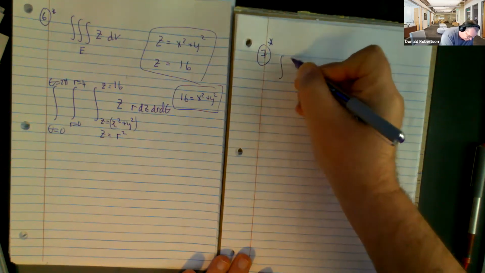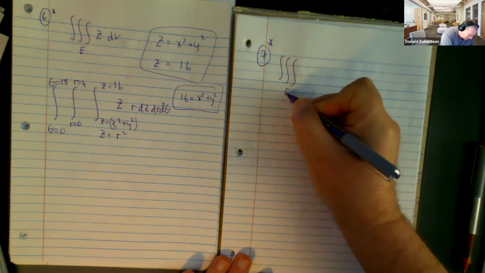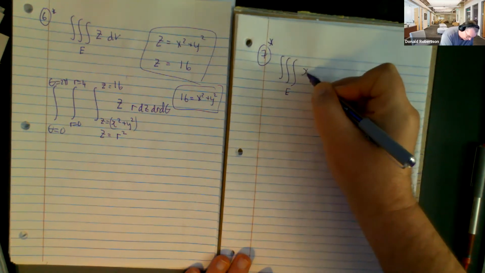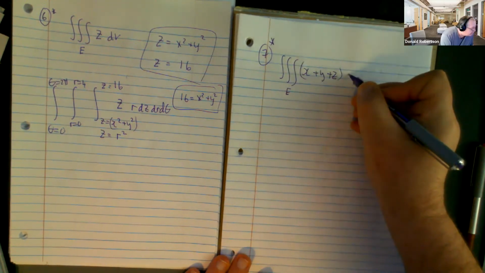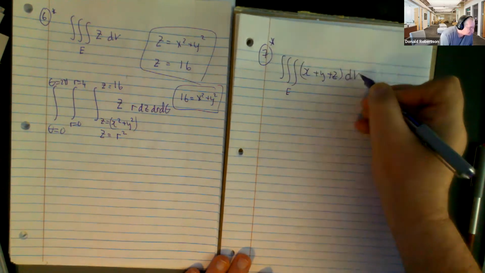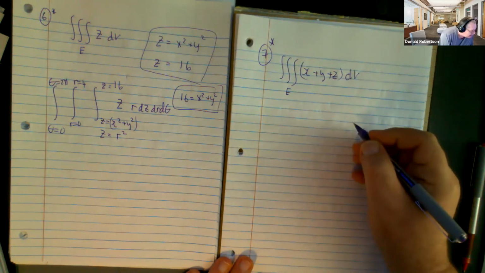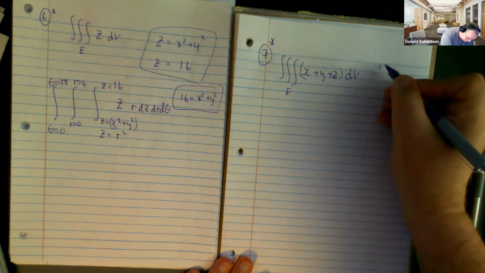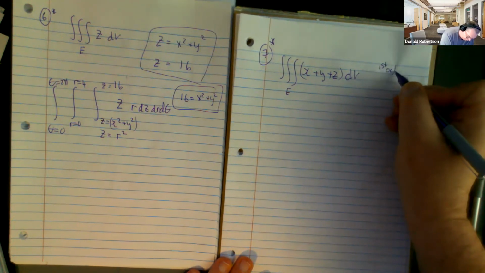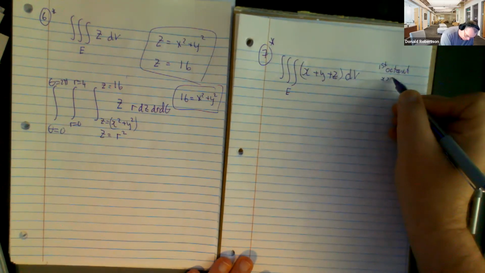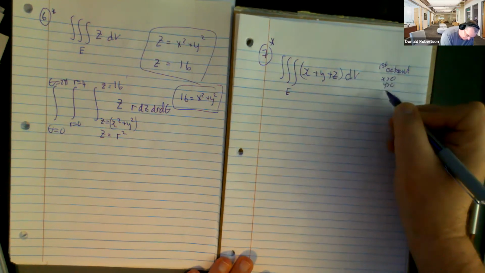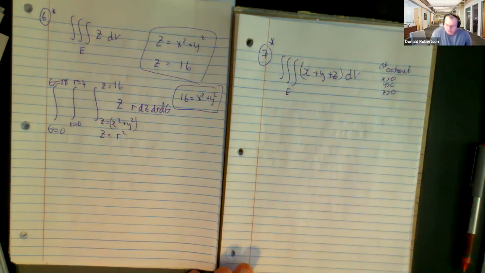In this case, we're doing a triple integral over E. The function is not very pretty, at least for turning into cylindrical coordinate system. And the region E, it's in the first octant. Isn't that x, y, and z?